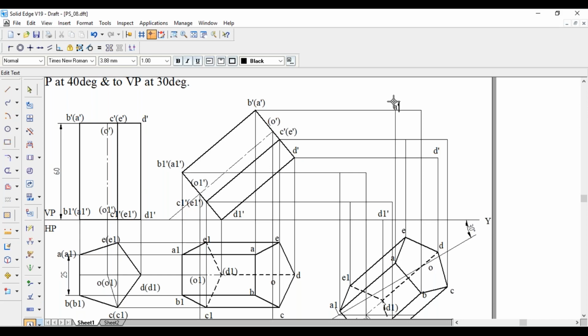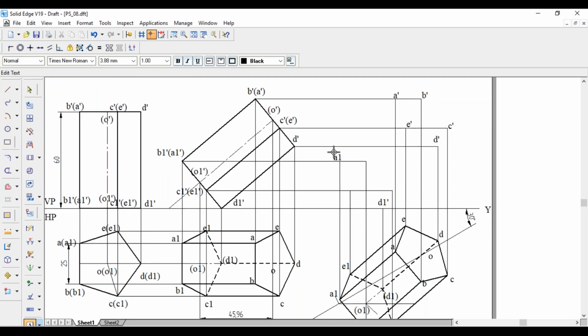A dash, B dash, C dash, E dash. This is A1 dash, B1 dash, C1 dash, E1 dash.